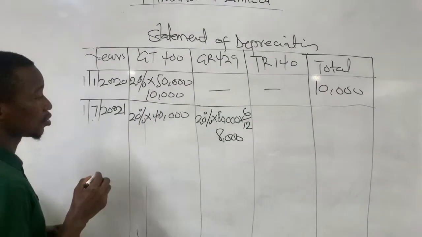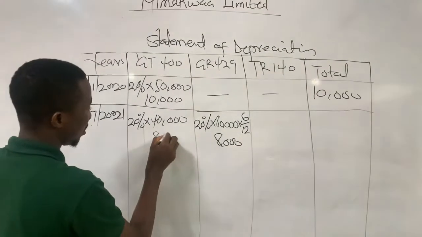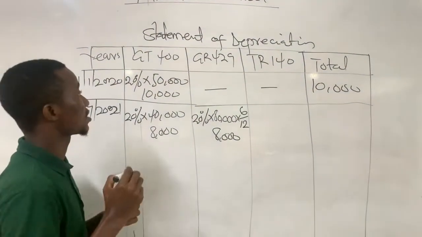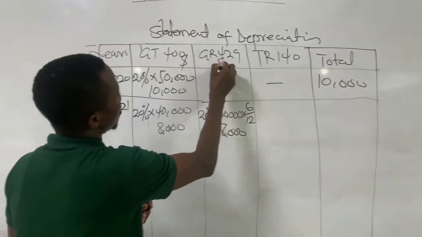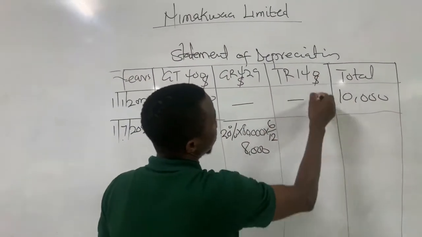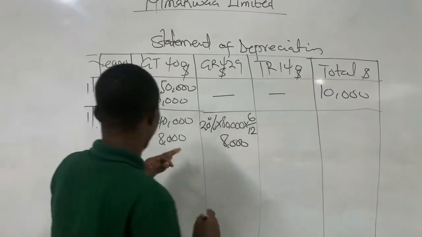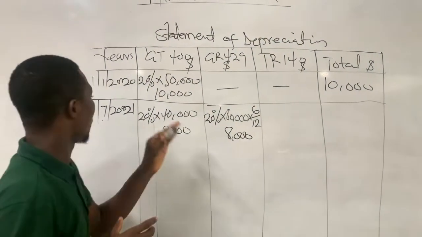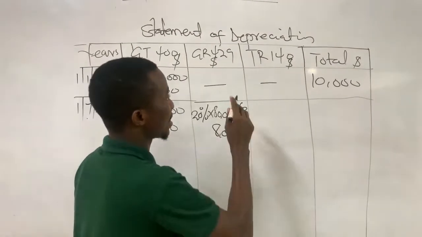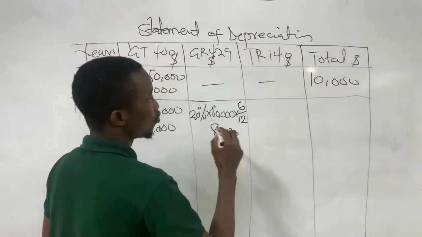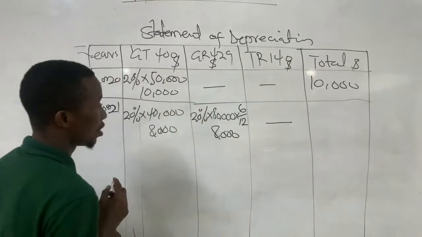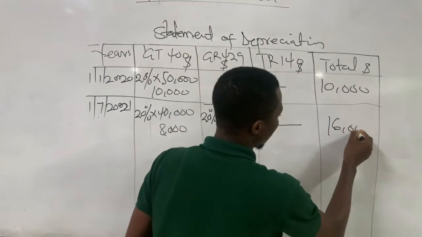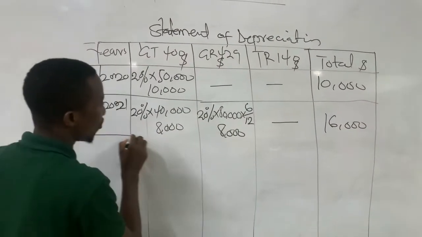So 20% on 40,000 is going to give us $8,000. But mind you, let me bring my currency sign. Is that okay? We are working with dollars. So let me bring it. Dollars. So it will give us $8,000. Is that okay? And in the year 2021, we didn't acquire asset TR 140, so no depreciation for this asset. So the two depreciations will give us 16,000.